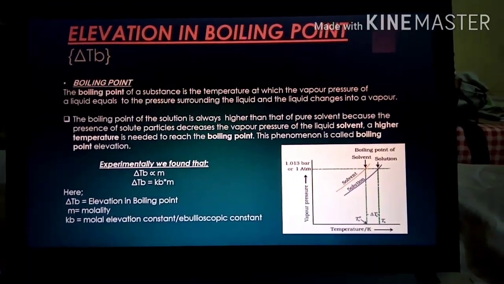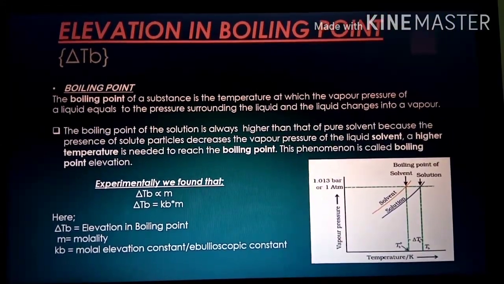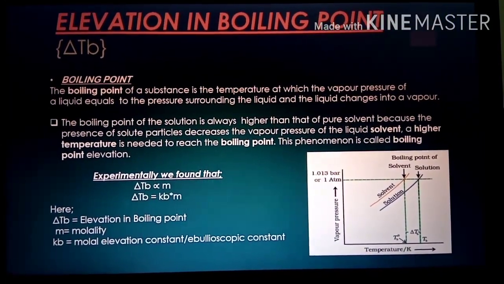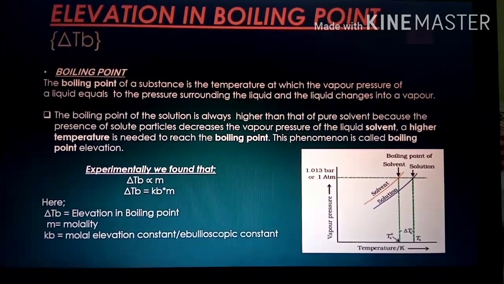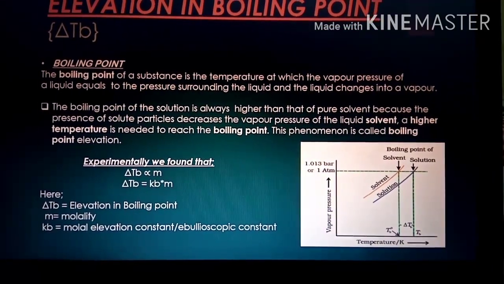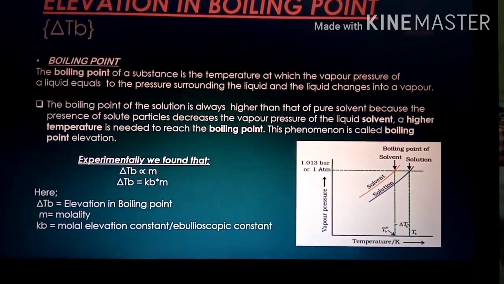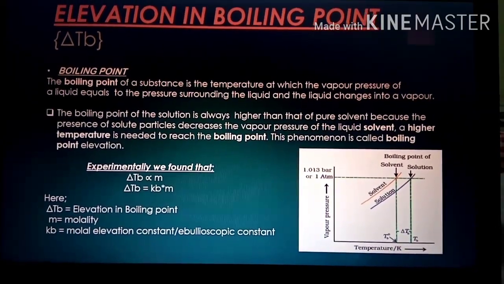Now let's see the graph of elevation in boiling point. On the x-axis we take temperature in Kelvin, and on the y-axis we take vapor pressure in atm. You can see that there is one orange color line and one dark violet color line.